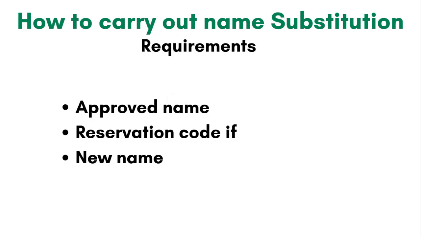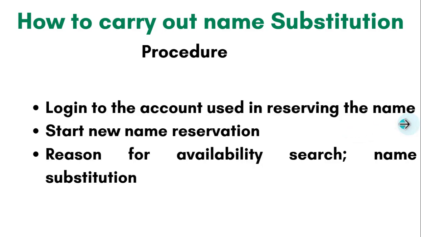So you are going to have the approved name, the reservation code for those that are within 60 days, then the new name. These are what you are required to have. And then the procedure: you are going to log into the account used in reserving the name. This is very important because I've seen some persons where a client gave out a particular registration to do and the client is delaying.